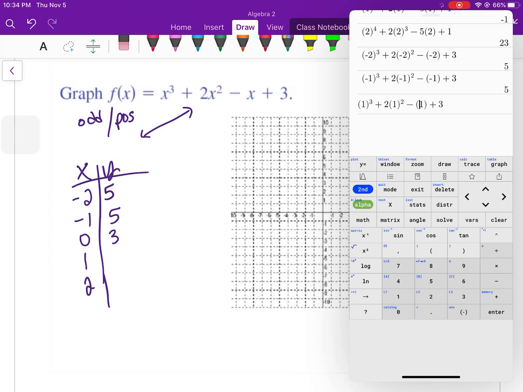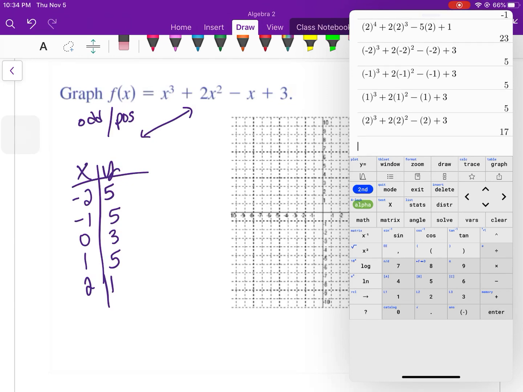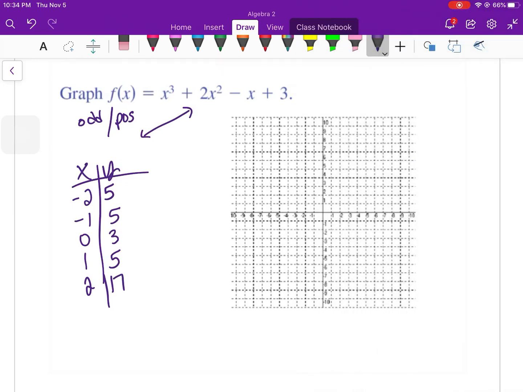Copy that one more time and plugging in a positive 1 this time, 5. And plugging in a 2, I get 17.